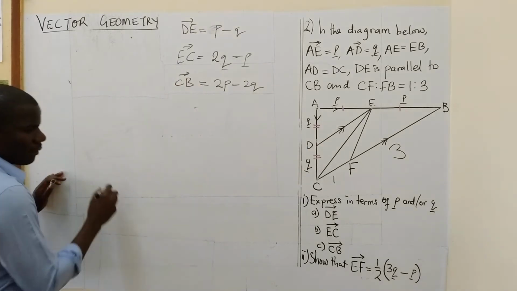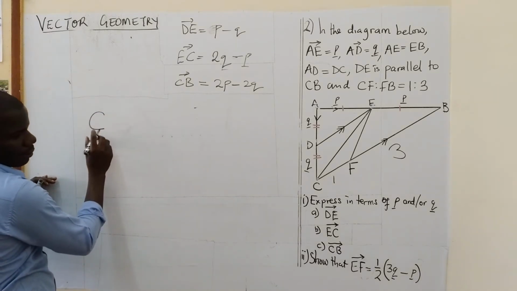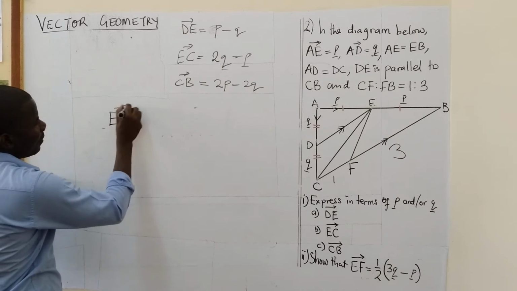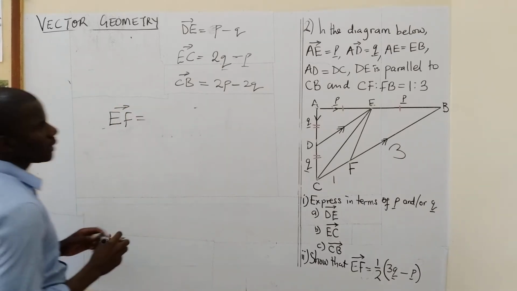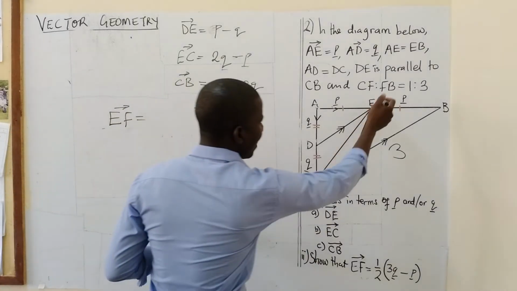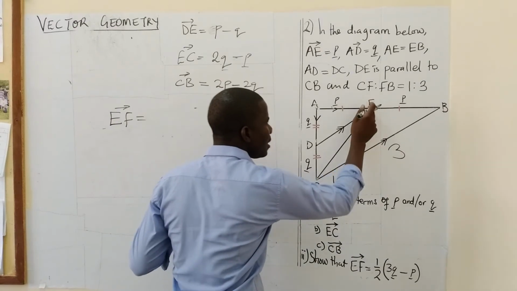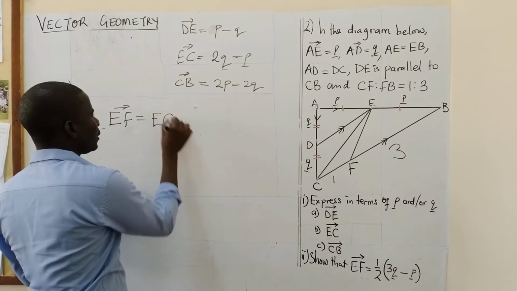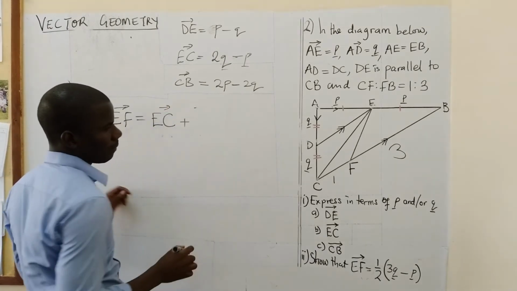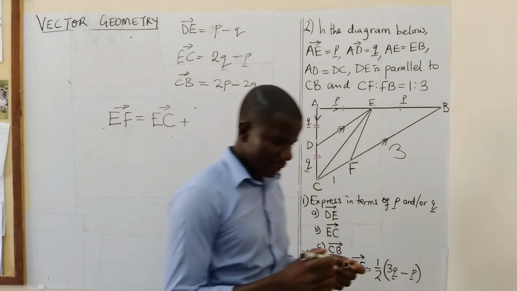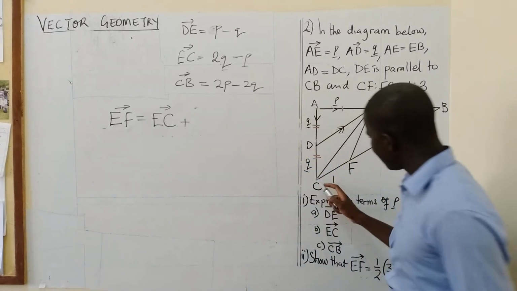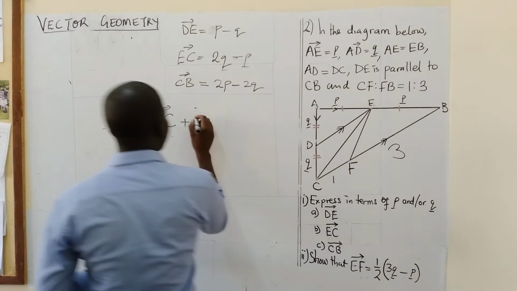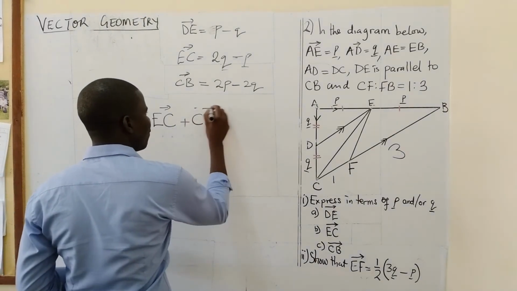So we can say EF is equal to what? In my case, I have opted to use EC, plus we need this part, which is CF.